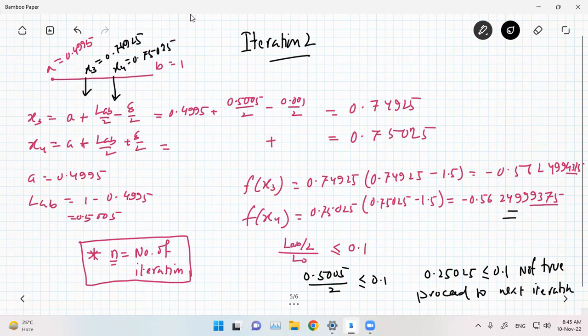And our function value here, f(x3), is higher than f(x4).